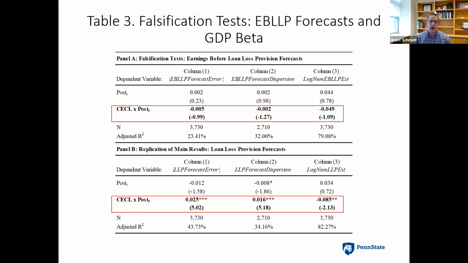Yeah, so to speak to that point, that's certainly something that we've looked into. I think what you're referring to is the panel A column 3 result. One of the things we looked into specific to that is, can we interpret our result as a decline in coverage?